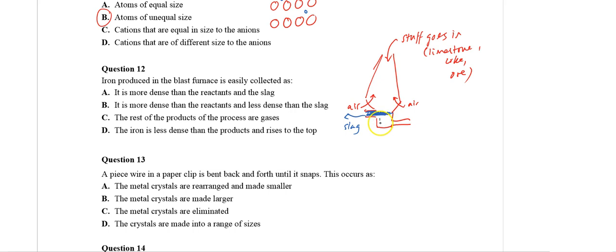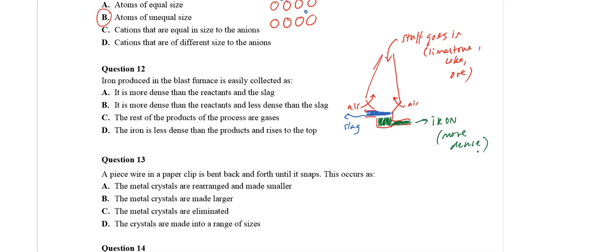And then we have the iron that is extracted from the ore coming out this way. Now the reason why the iron is at the bottom and actually comes out is because it's more dense. The slag is less dense, so it floats on top of the iron, and that is siphoned out the top.